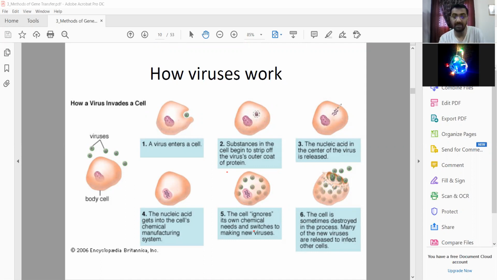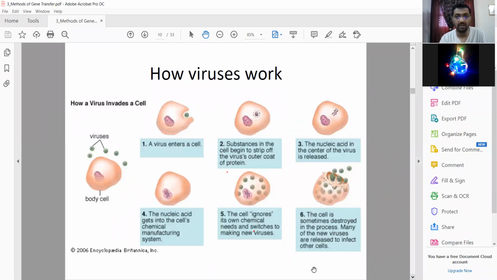That nucleic acid then enters the nucleus of the cell it has entered and starts controlling things, dictating the cell to generate the proteins required by the viruses to replicate and synthesize more viruses. Later, all these viruses are released by destroying the cell. So this is how viruses replicate within the living cell.